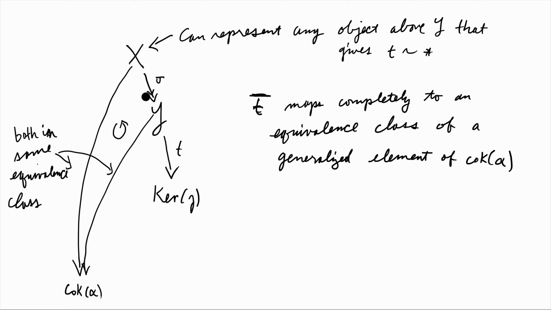And notice that they'll actually be in the exact same equivalence class. And so anything from y, from t over the kernel of gamma, is going to be sent to the exact same thing. One equivalence class is going to be sent to the other equivalence class.